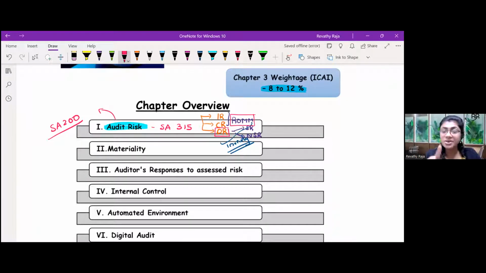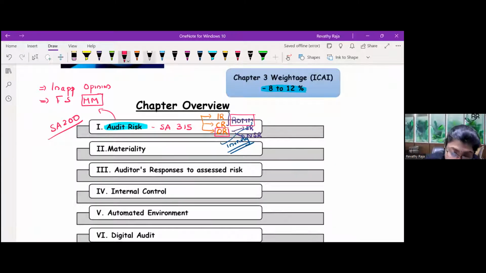Audit risk is the risk that the auditor expresses an inappropriate opinion, a wrong opinion, when the FS are materially misstated. So that's the audit risk summary.